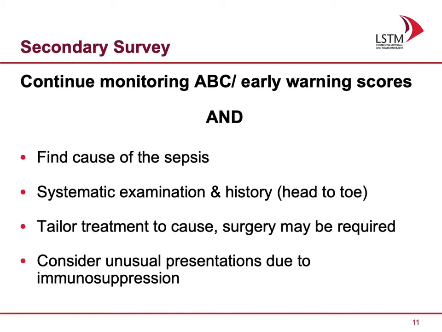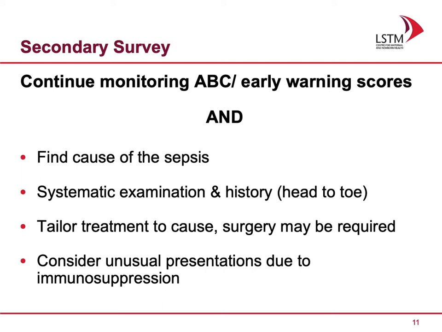Once the primary survey and the Sepsis 6 have been started, then you can conduct the secondary survey. And the point of this is to find the cause, the source of the sepsis. So we're going to do continuous monitoring involving ABC and our early warning scores, and then do a systematic examination and take a history.